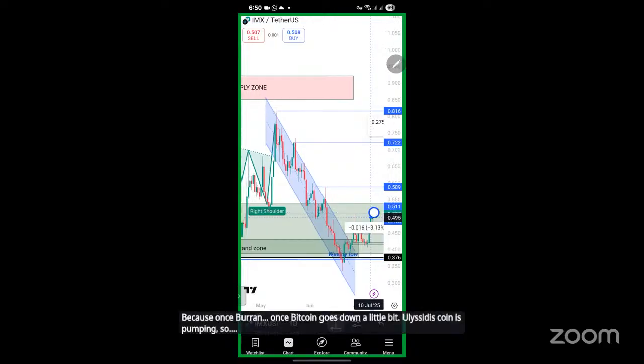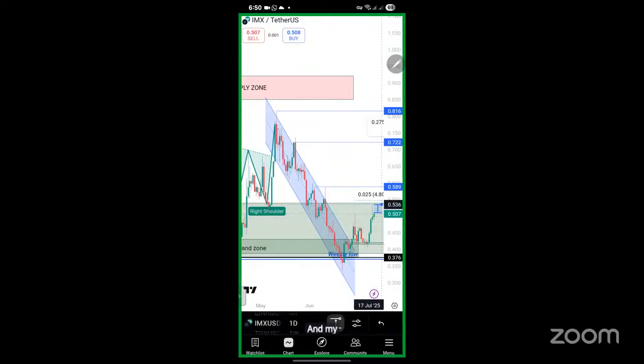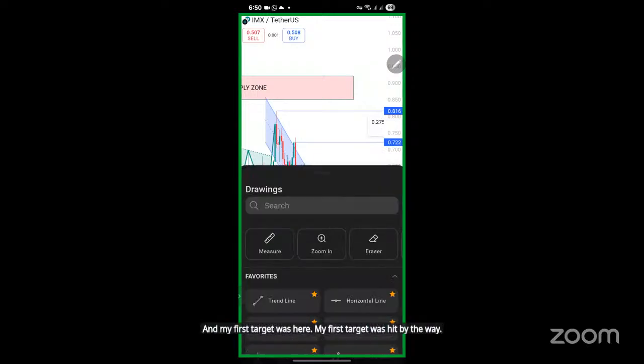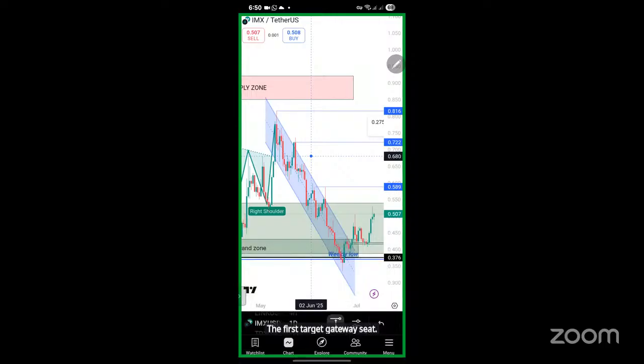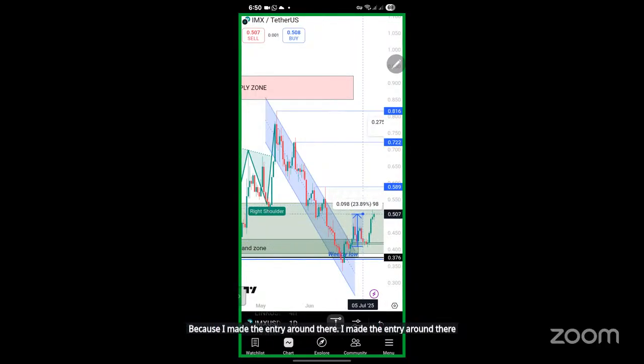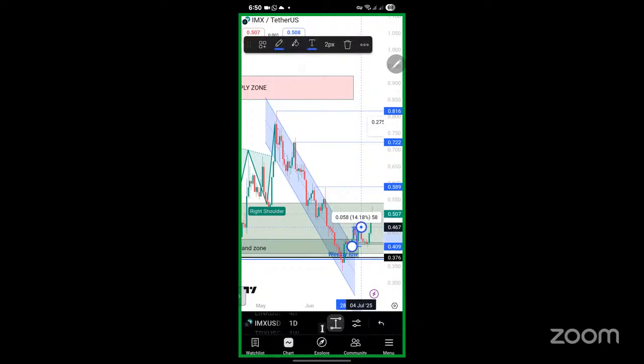So my first target was here. My first target was hit, by the way, because I made the entry around there, and I took profit around 14%.